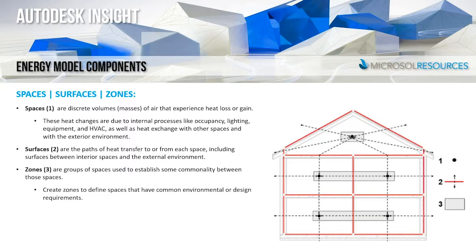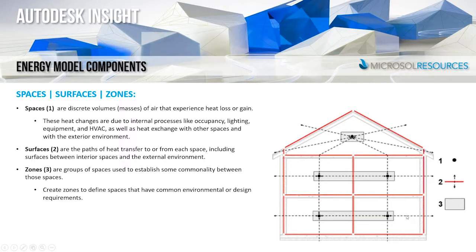And as a note, an accurate heating and cooling loads analysis, which will be discussed more in the second webinar, can only be accomplished if spaces are placed in all areas to account for the entire volume of your building model. You would actually place spaces just like you currently place rooms in a Revit model.